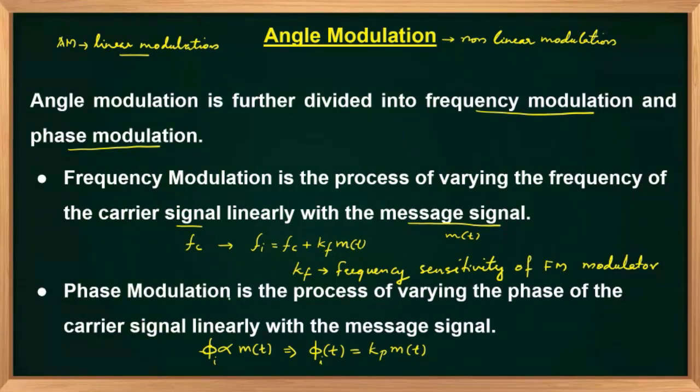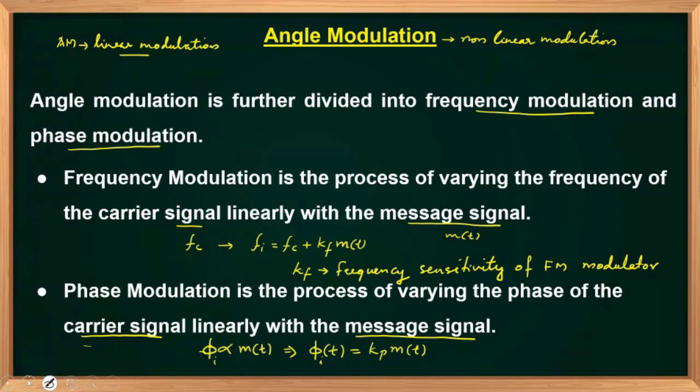In the second case, the quantity that we are varying is the phase of the carrier signal. Carrier phase is varied in proportion with the instantaneous value of the message signal. So we got two different equations. The basic equations are different for FM and PM. Even though they have similar characteristics, their basic definitions are different. We will discuss the similarities and differences of FM and PM.